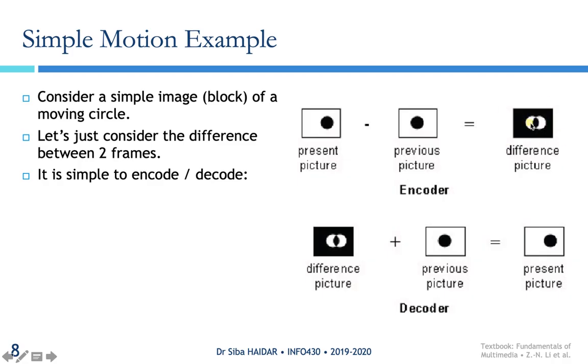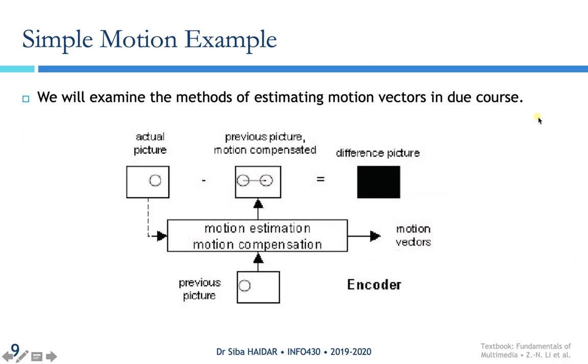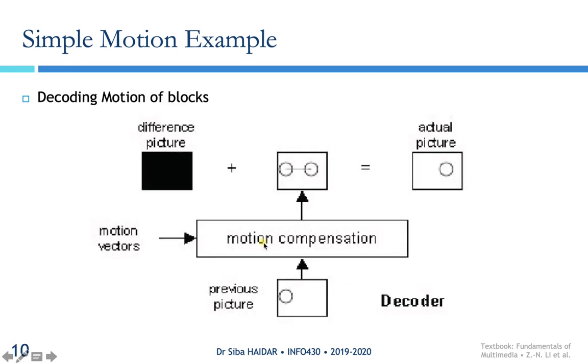We want to make those non-zero values closer to zero. So what do we do? We do the motion compensation. We obtain this vector. This is called motion compensation, MC. We will be referring to this notion very frequently during this chapter.